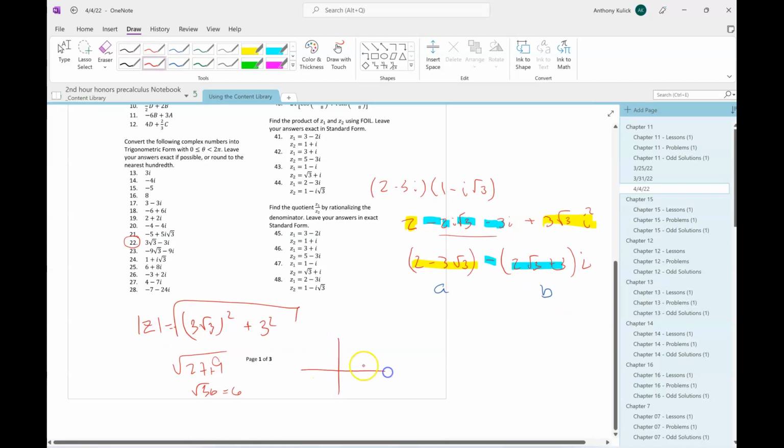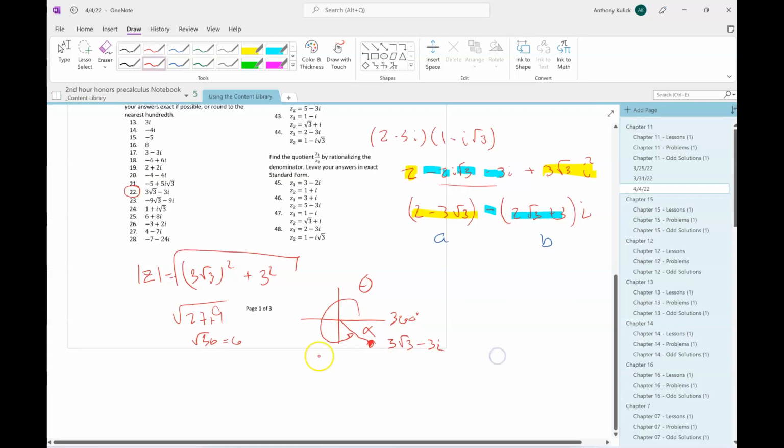Yeah. And then if I plot these, I have 3 root 3 in the x direction and negative 3 in the y direction. Or if you prefer, we can call it the real direction and the imaginary direction. So what I have here is my theta. This is my alpha, and that's 360.